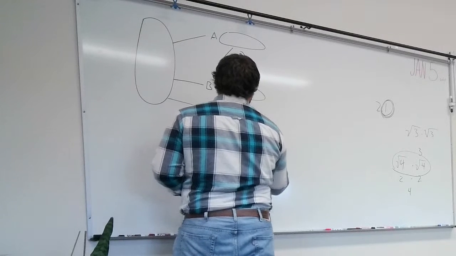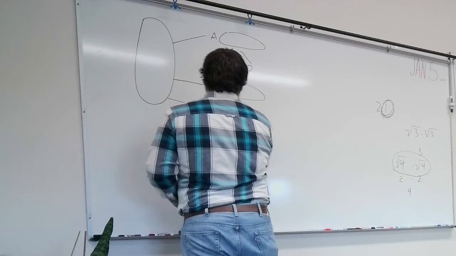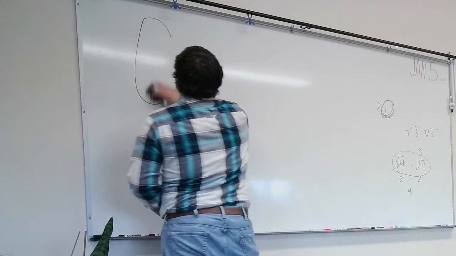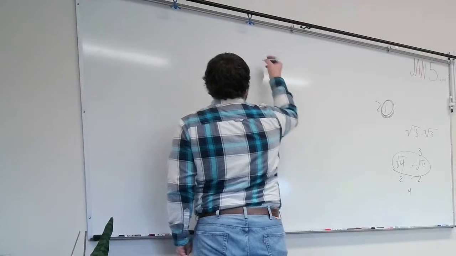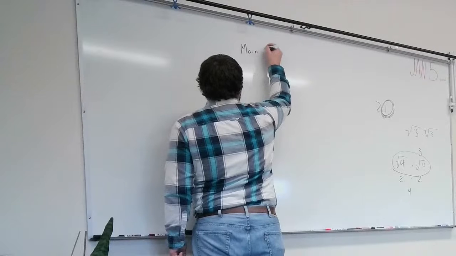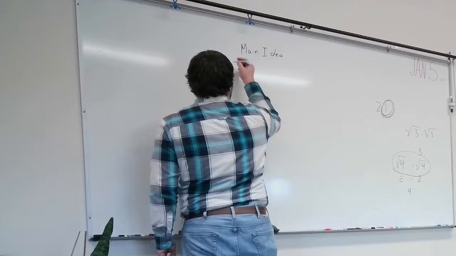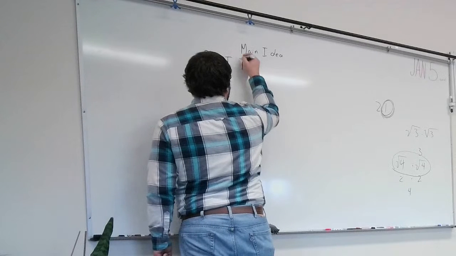All right. So here's the thing. Let me think how to explain this, because this isn't working exactly. So you have your main idea, right? And now you have your topic, or topic 1, we'll call this.